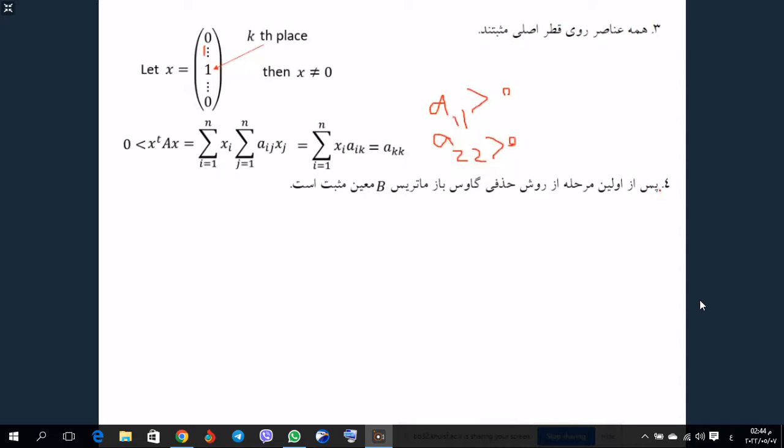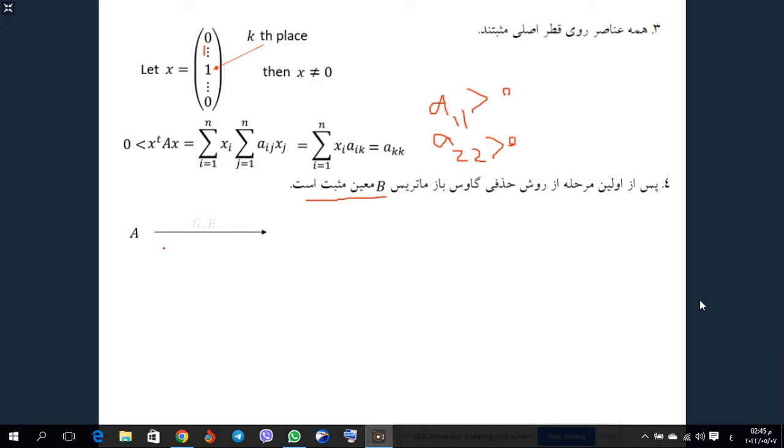Fourth, another property of positive definite matrices: after doing the first phase of Gauss elimination, matrix B is positive definite again.